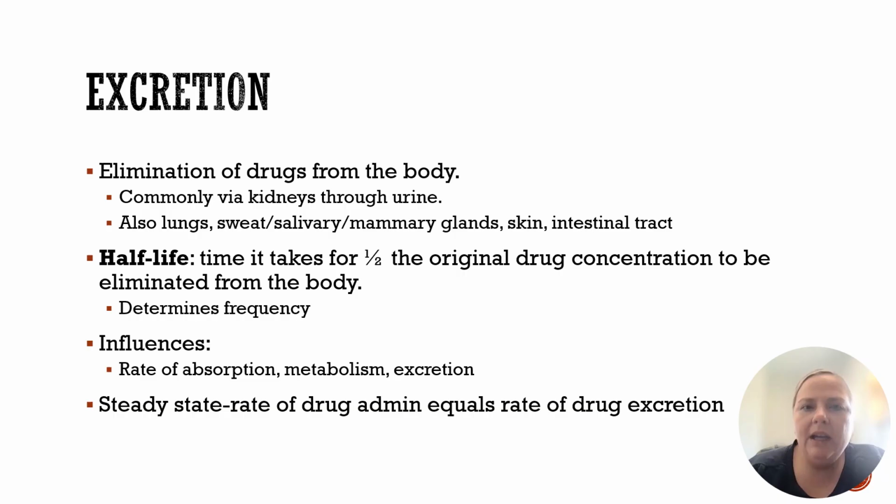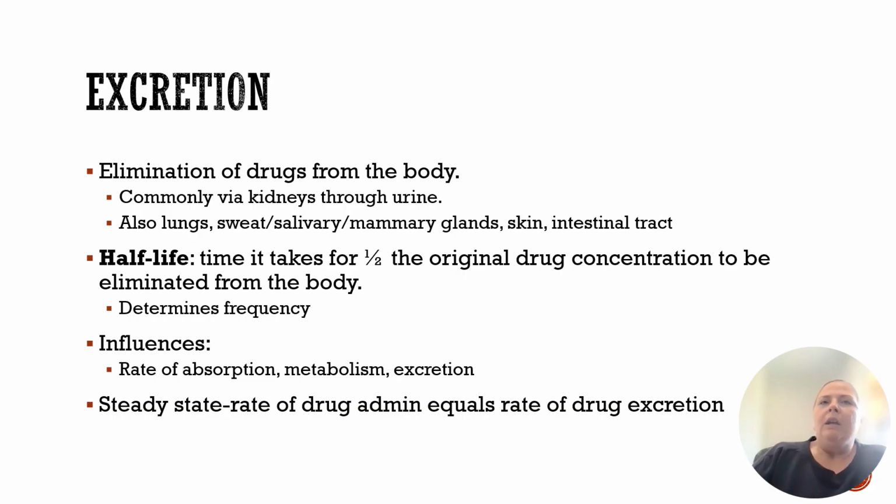Half-life is a term you'll hear. This is the time it takes for half of the original drug concentration to be eliminated from the body. Your book goes into calculations for this. Basically, there will be an interval, and that will be half of that concentration, and then it continues in those intervals to be divided by half until it reaches zero.